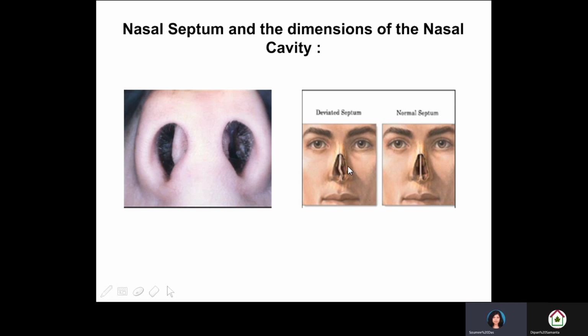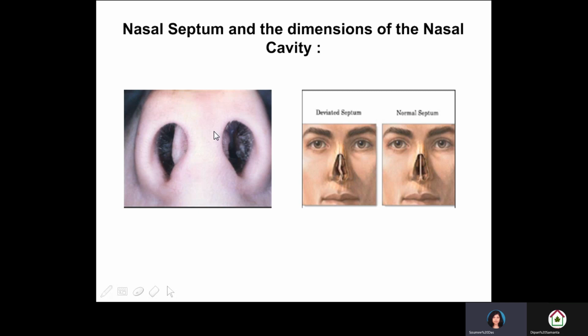We will see the deviated septum later as a separate pathological condition. So nasal septum has divided the nasal cavity into two parts. This is the left part, this is the right part, and this portion is known as the nostril or naris, the hole, this whole part.